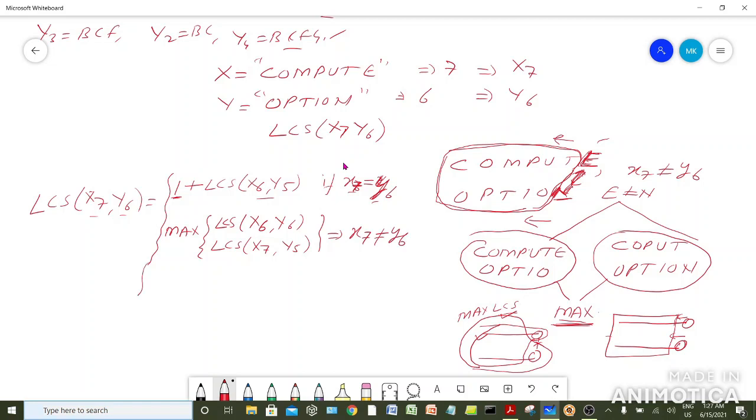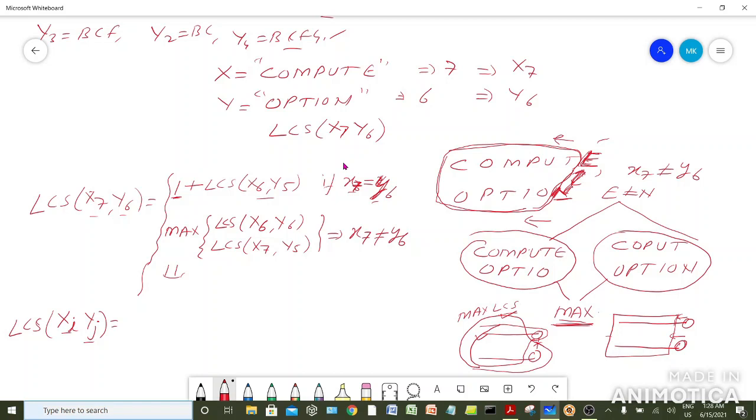And now the third case, if we try to write a generalized equation for this, then we can write that if we are considering the LCS of a string that is considered till i characters, and the second one was considered till j characters. Okay, this is the prefix from x, this is the prefix from y.